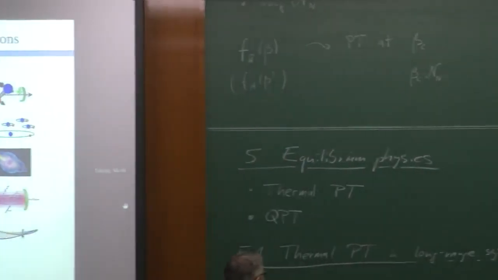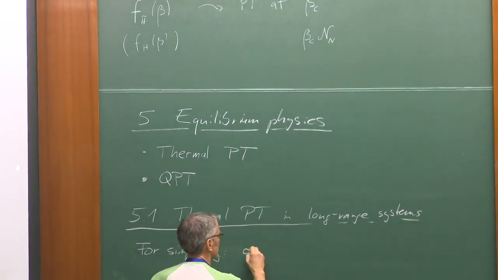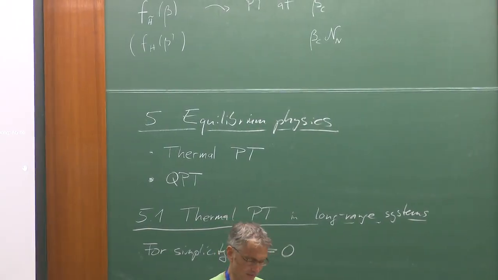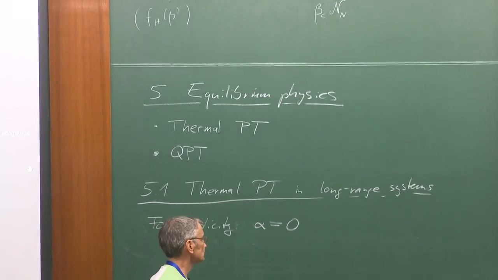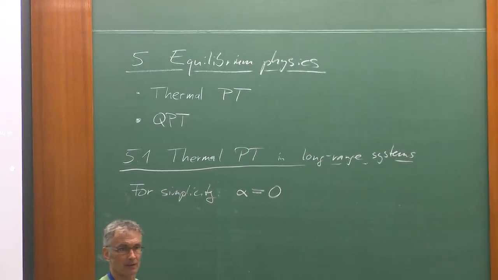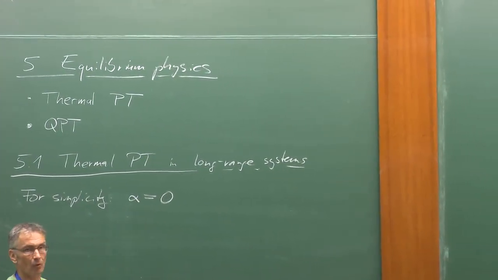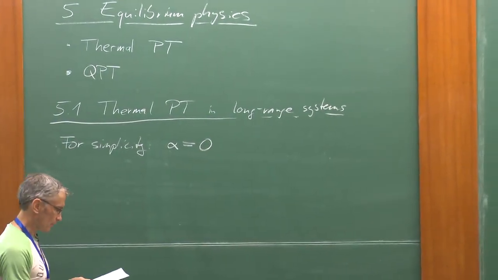And the main simplification, for simplicity, alpha equals 0, and generalizations will come later. The case alpha equals 0, I will also sometimes call the all-to-all interactions. I think that's also a common name.